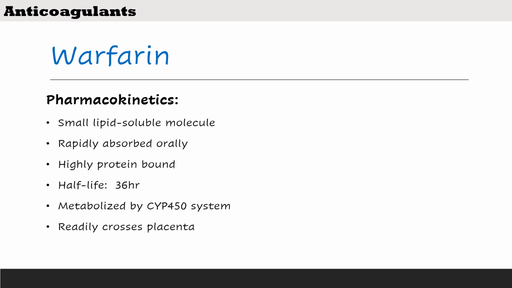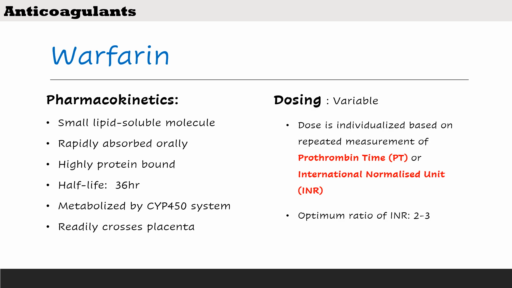Warfarin is a small lipid-soluble molecule, so it's readily absorbed and is highly protein bound, and has a half-life of about 36 hours, is metabolized in the liver, and readily crosses the placenta. The dosing is variable. Warfarin requires monitoring and has to be individualized.